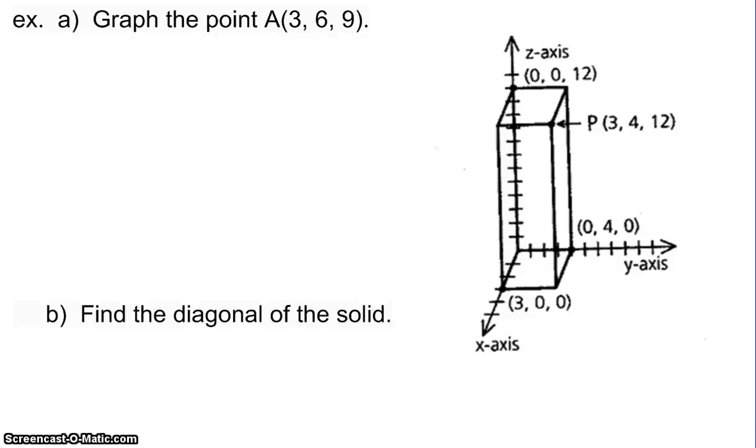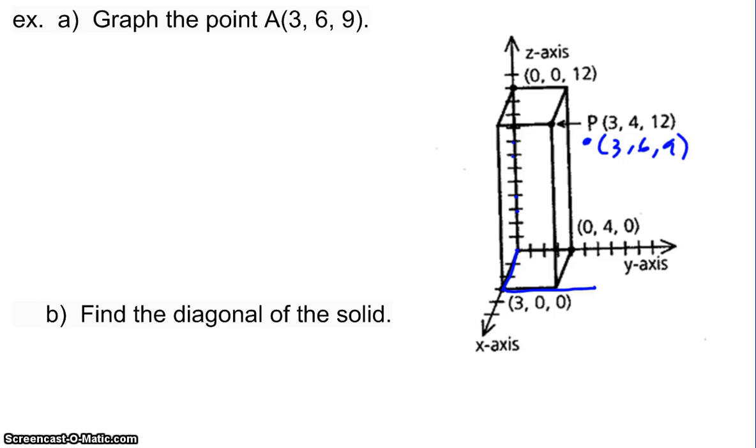So to graph the 3, 6, 9, we would go 3 units along the x-axis, we'd go 6 units along the y-axis, then we'd go up 9 units, 1, 7, 8, 9. We'd be talking about a point roughly around there.